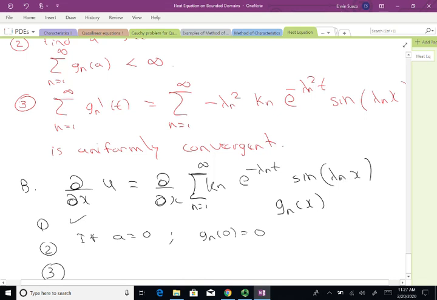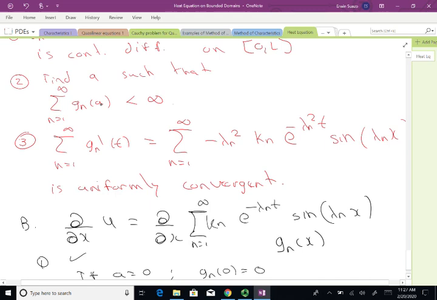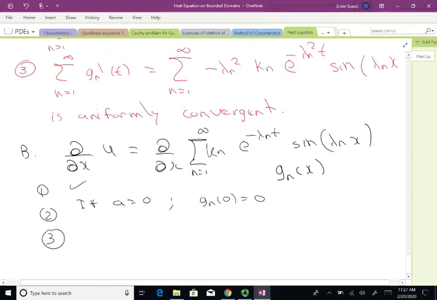Okay, so I'm probably going to leave this one for homework. The first derivative with respect to x, so you don't have to worry about finding the right a for time to make it convergent. It requires less analysis. So you plug in at 0, then you get 0. So you get condition number 2.